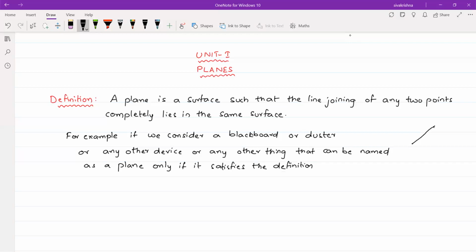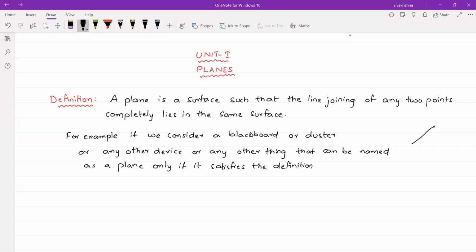So what is the definition? We have to consider any 2 points on that particular surface. Here I am telling that we have to consider a blackboard or a duster or any other device. Suppose you consider a mobile phone, or any other thing, whatever it may be.